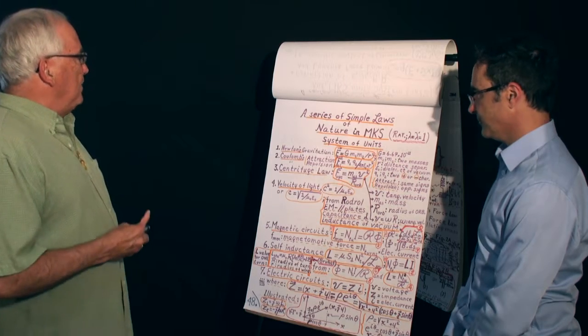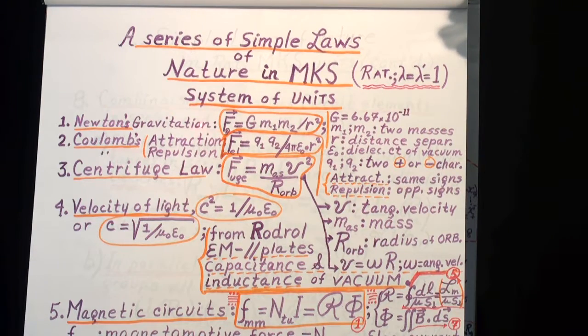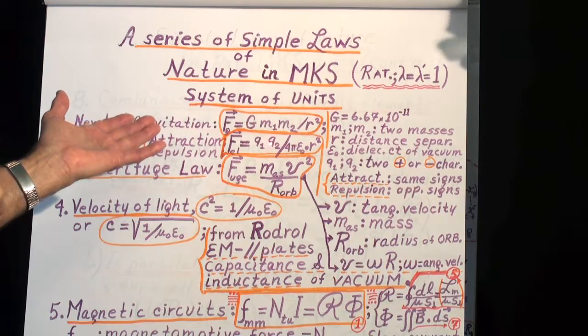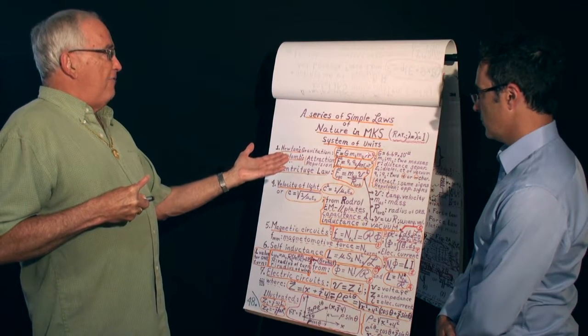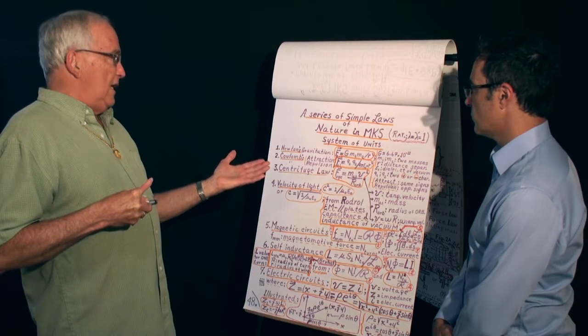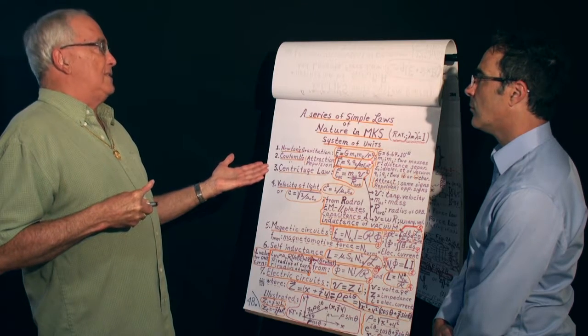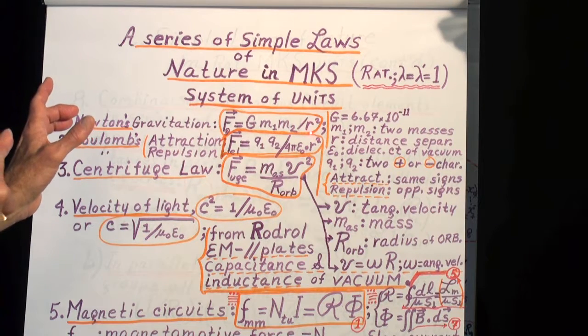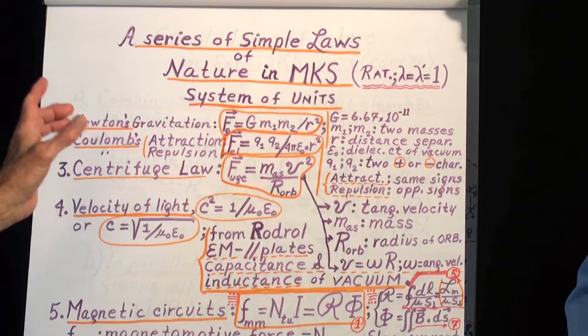So here we start with Newton's gravitation law. The force is the gravitational constant, which is really a constant in the MKS system, and it has this value, multiplied by two masses, M1 and M2, as a function of the distance between these two masses as the inverse of the square of the distance, meaning that if the distance between two masses is doubled, the force will be 4 times smaller.